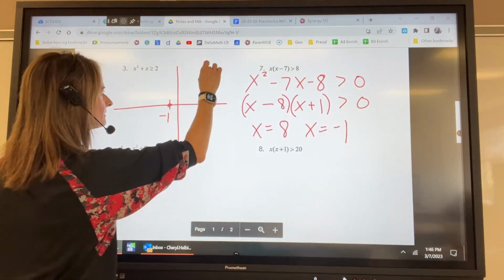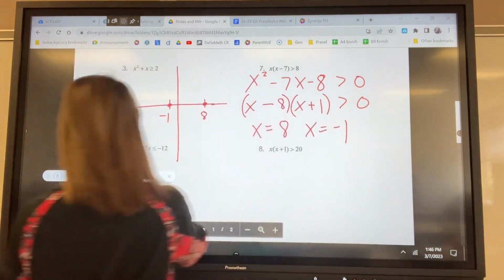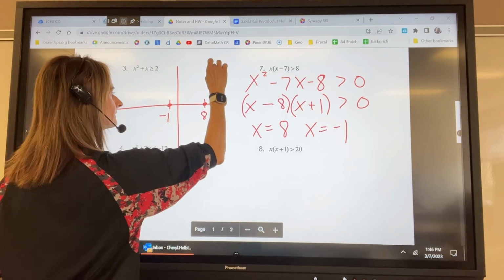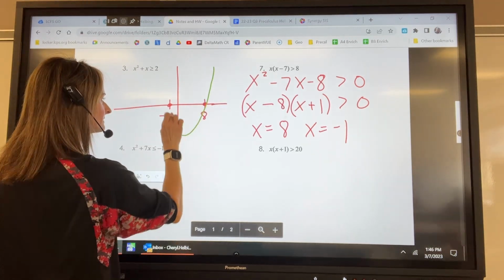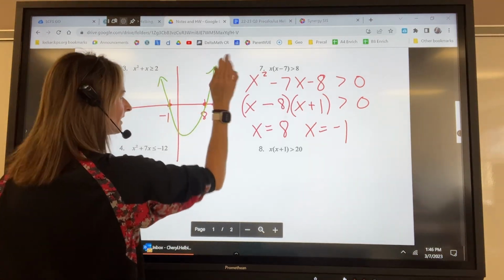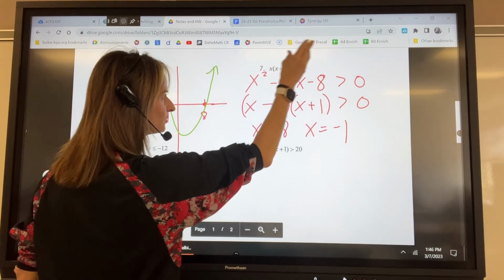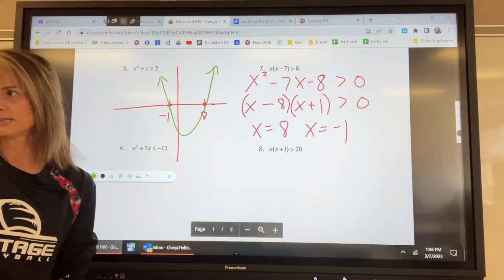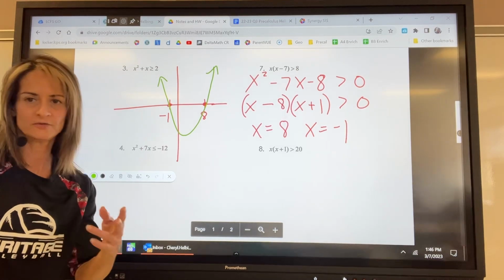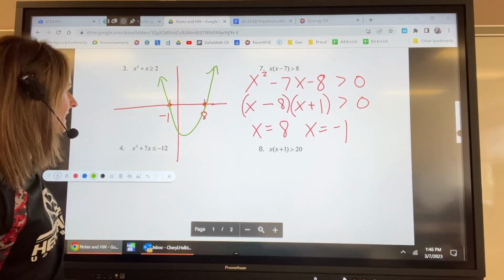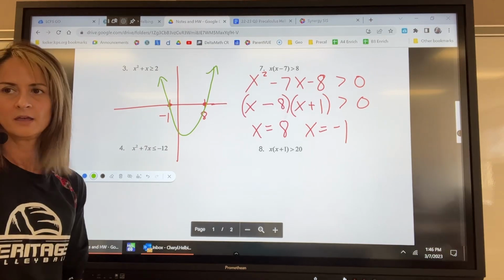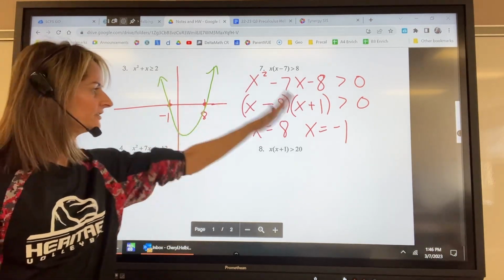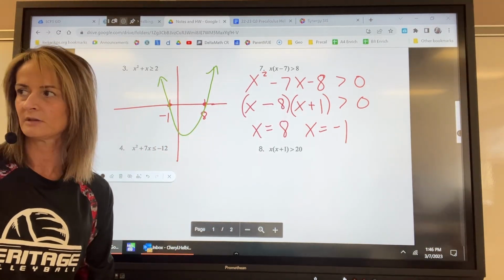So the graph would look something like this, in green. This question is asking, where is this graph greater than 0? Where is the graph above the x-axis? So we're going to have two different intervals: from negative infinity to negative 1, and from 8 to infinity. And we have to decide whether we are including those zeros or not.